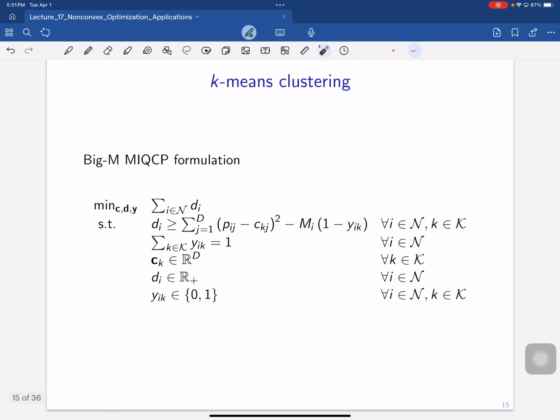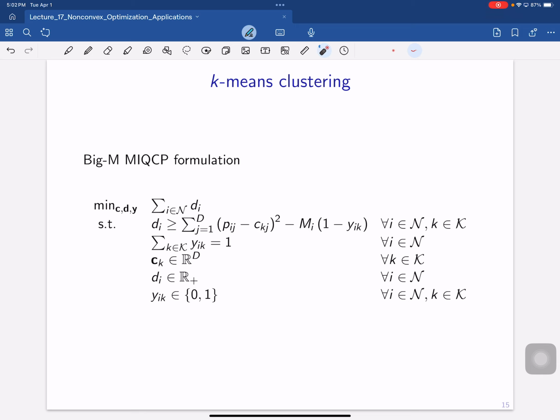Now, as I said, the objective is to minimize the squared Euclidean distance. So let's use d_i to represent the squared Euclidean distance. How do we represent d_i? Here I'm using a formulation with a big M type of constraint.